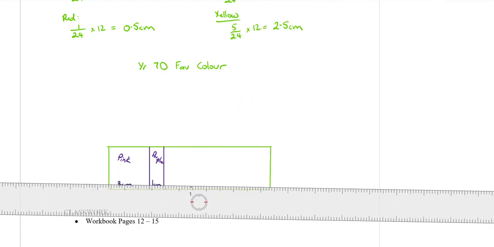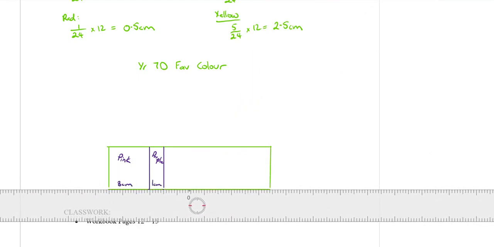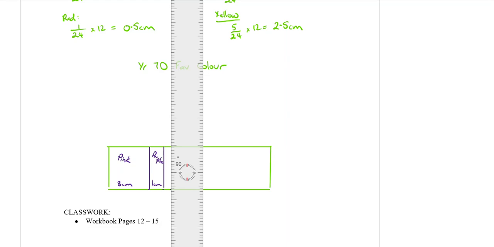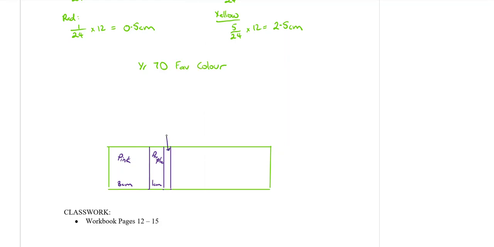Red is only 1/2 centimetre. This is where you've got to be very careful to be accurate because a millimetre here or there now will make a difference at the end. So if it's too small to write in there, you could put an arrow and say that that is red and it's 0.5 centimetres.